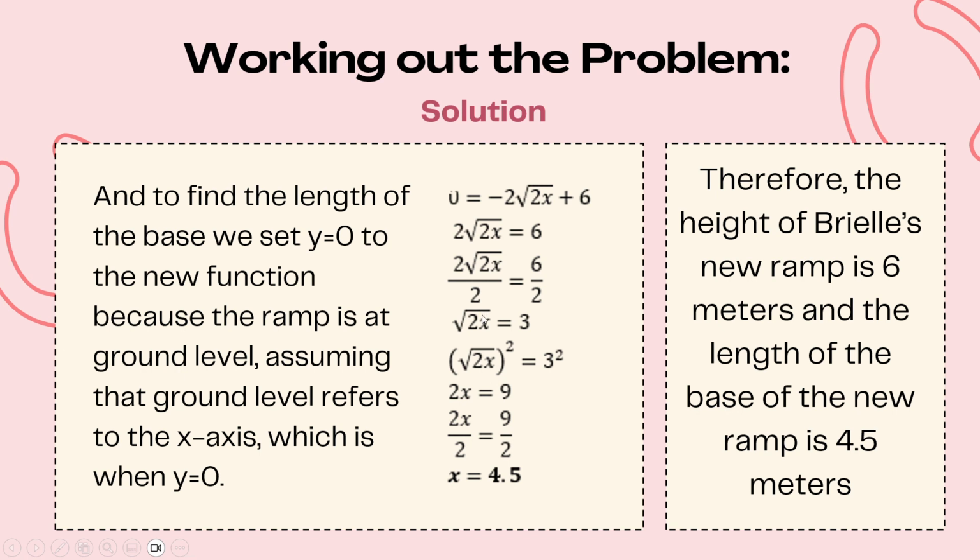Then we square both sides to get rid of this radical. So we get 2x equals 3 squared, which is 9. So we divide both sides by 2 to get x. Therefore, x equals 4.5. Therefore, the height of Brielle's new ramp is 6 meters and the length of the base of the new ramp is 4.5 meters.